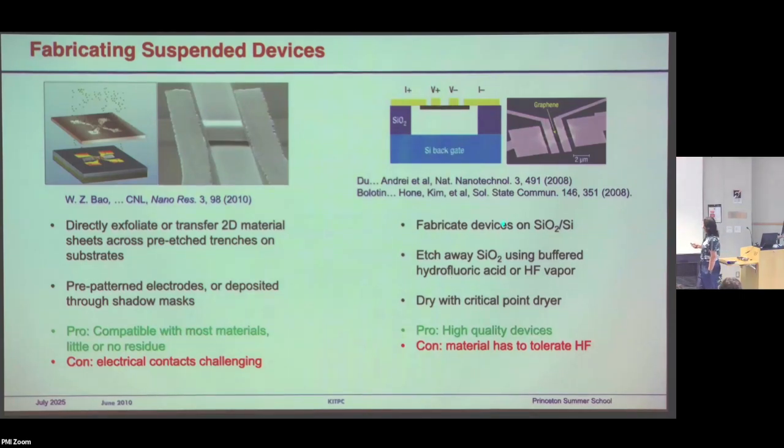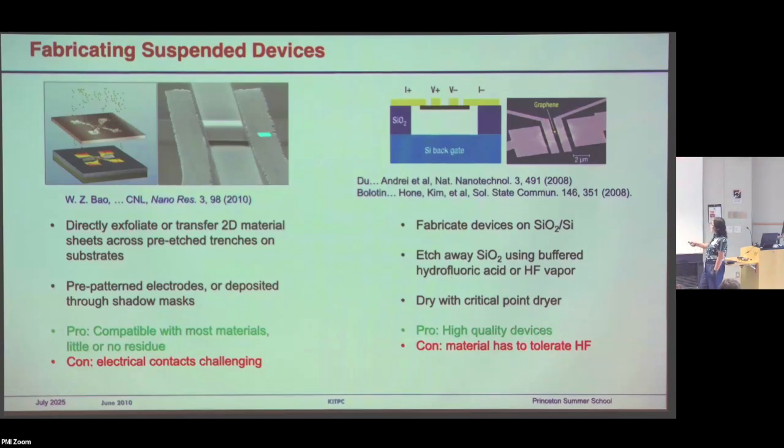The other way is that you start by fabricating the device on silicon oxide. You can etch the oxide using buffered HF or HF vapor, and then dry with a critical point dryer. The nice thing about this is that the device geometry is a little more controlled, and you can make different shapes.